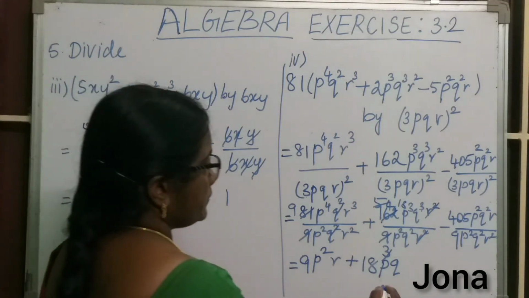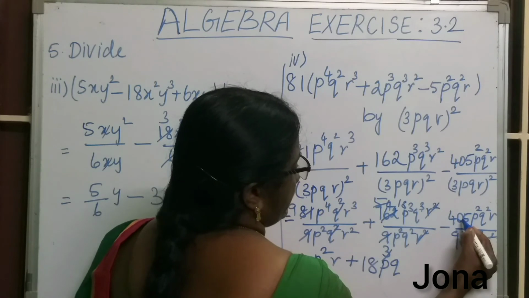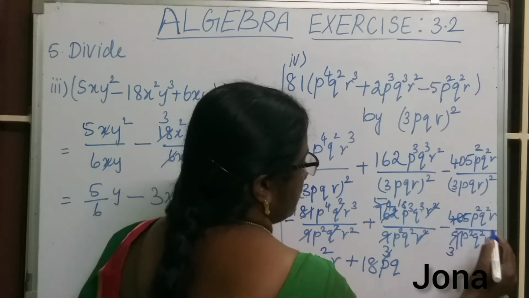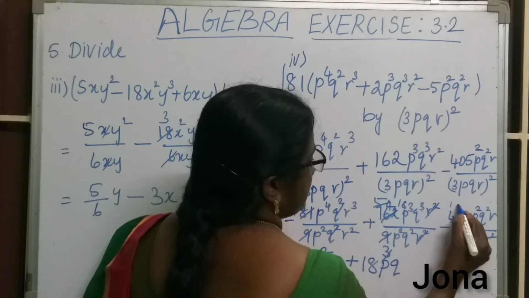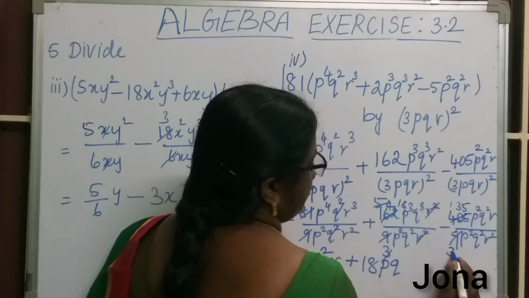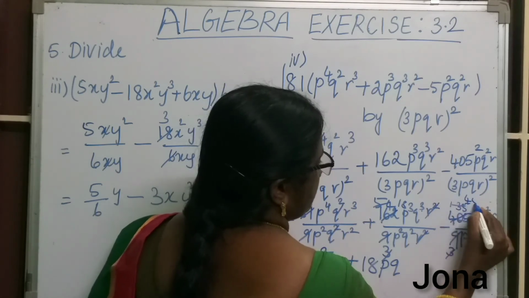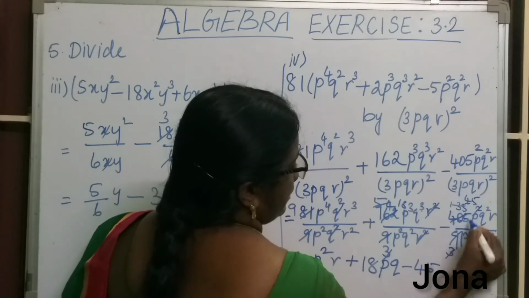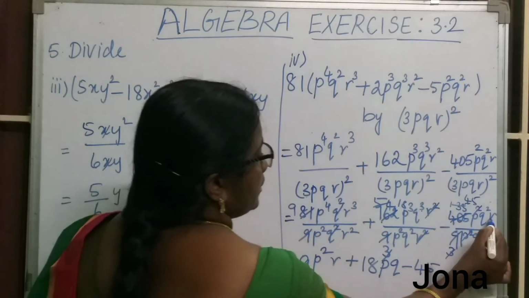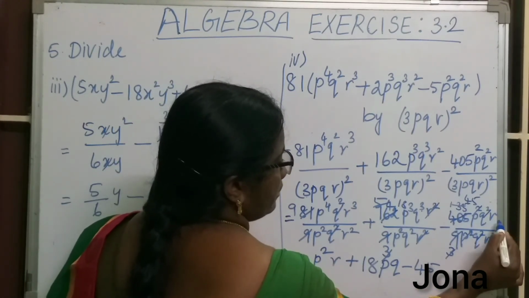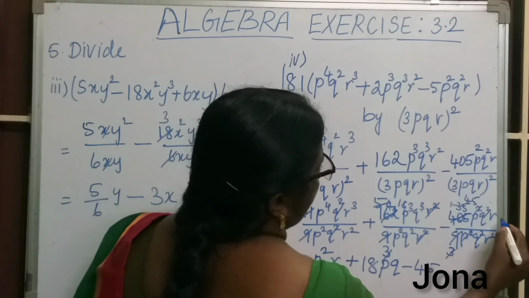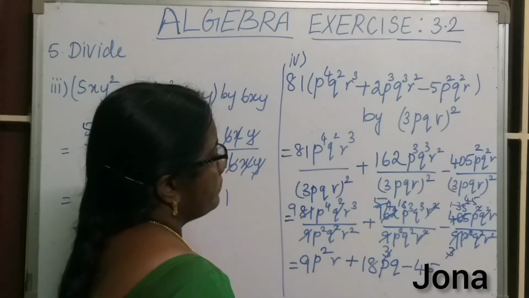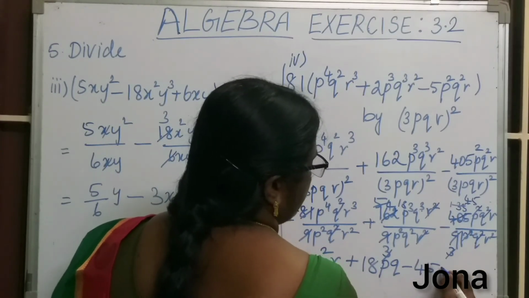That's all. And then here by this 9, 3 times 1 time, 3, 5. Again by 9, 9 times 5, 45. Minus 45 and then p square and p square will get cancelled. Q square and q square, r, even here also we have r only, no? So here r square will be there.